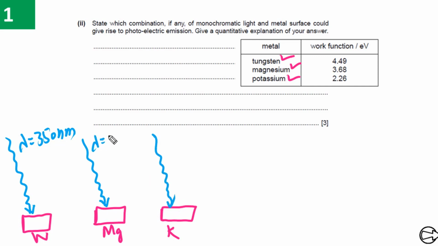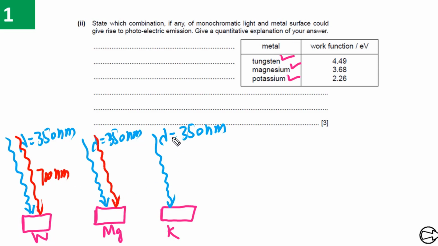So this is also the lambda, equal to 350 nanometers. Also the same light, so its lambda is also the same, 350 nanometers. Then we have another type of light and the wavelength of that light is 700 nanometers. We also shine this light on all these three metals.